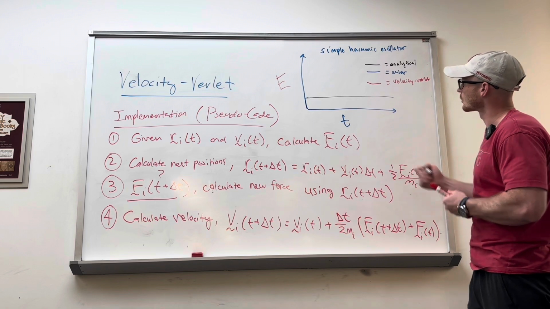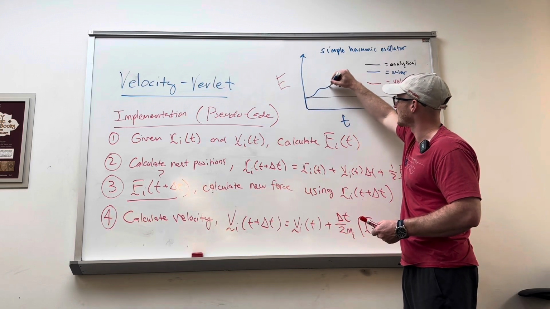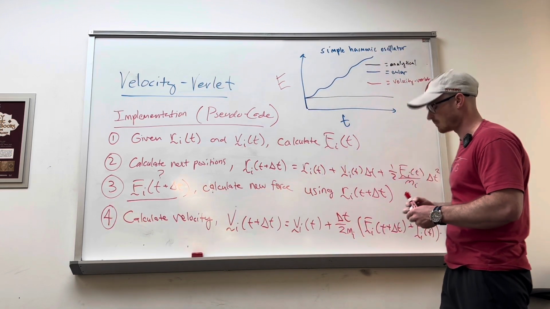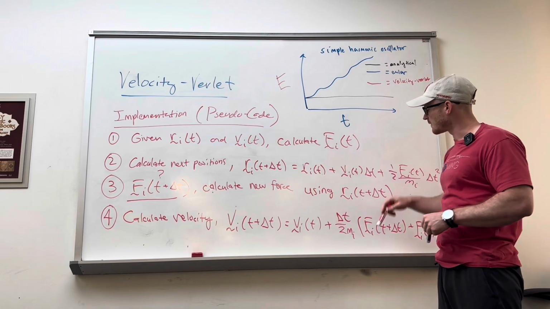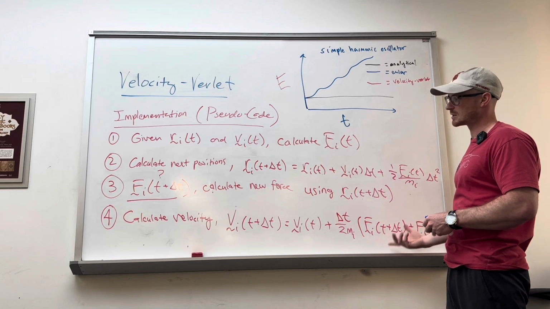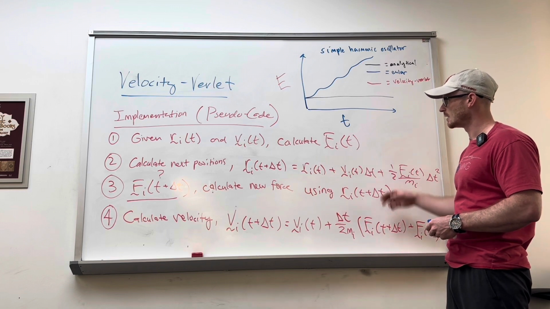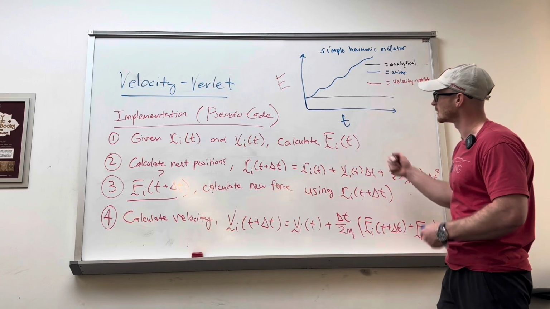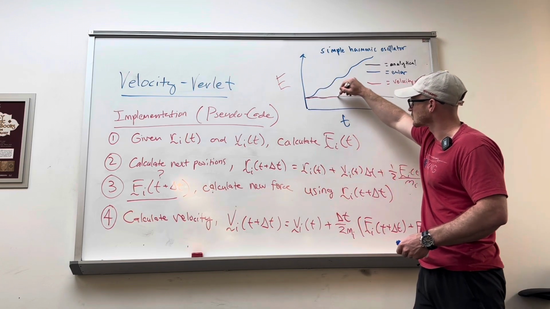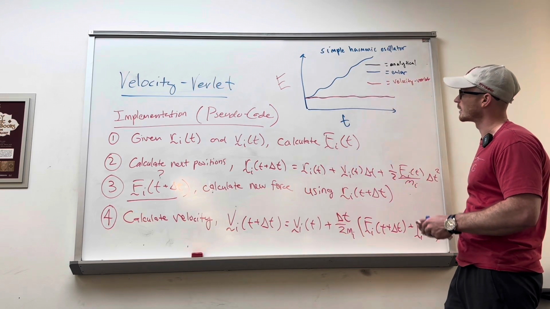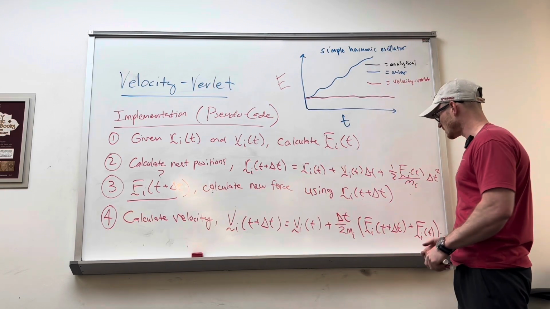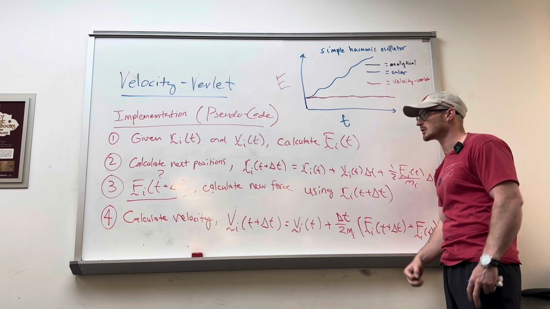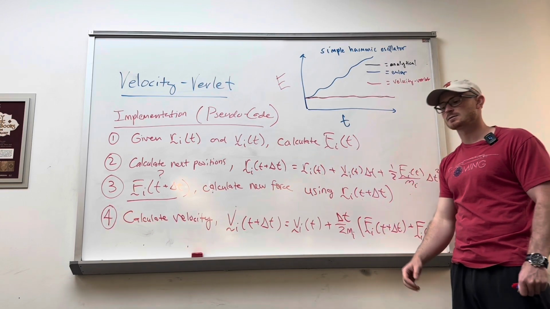You're going to find that in your Euler solution, as we talked about before, the energy is not conserved well over time. And we're going to find that introducing this additional term into the velocity calculation, using this type of implementation, is actually going to give us extremely good long-term energy conservation. So just the addition of this one extra term in the Taylor expansion is really going to save us.